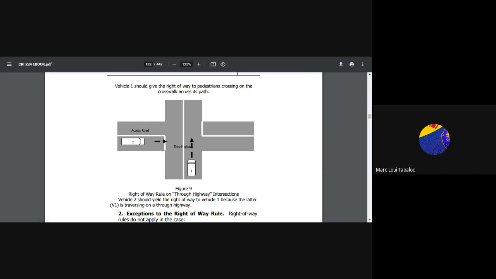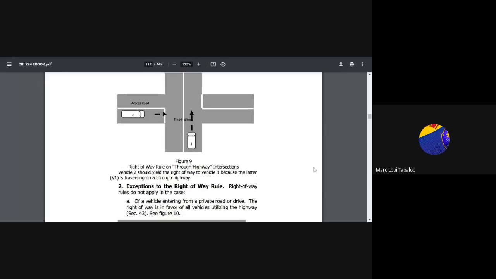The reason is what I said earlier: whoever is on the primary highway, or has the higher volume of vehicles using it, will have the primary right of way. Those on the access road would have to wait or yield, especially when there is no traffic signalization.